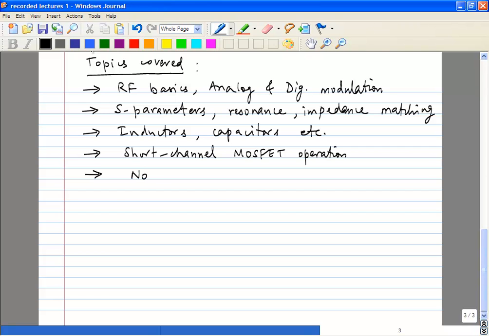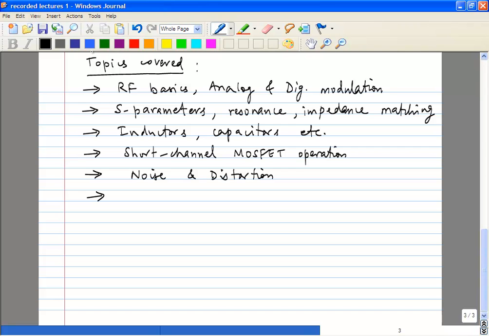Next, we'll study noise and distortion. You might have already studied noise in the analog ICs course, but the way distortion is quantified in RF circuits is slightly different from that in other analog circuits.